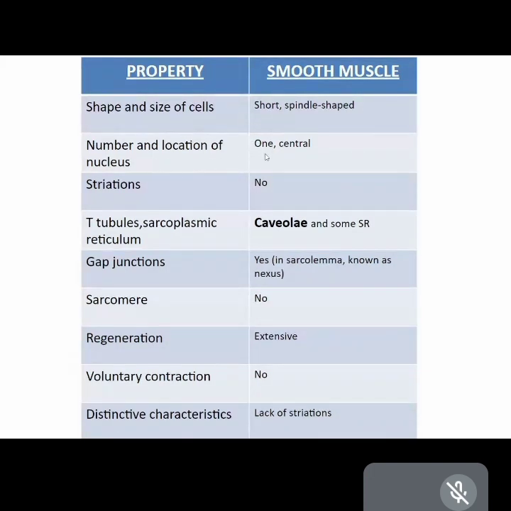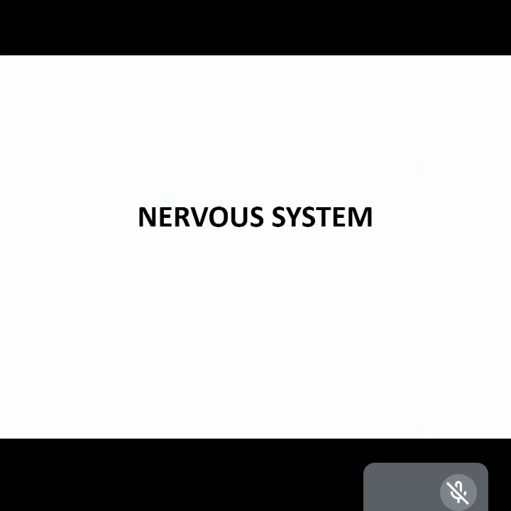They have a single nucleus centrally located. They have no striations. The T-tubules are in the form of the caveolae and some sarcoplasmic reticulum. The gap junction, called the nexus, is found in the sarcolemma. They don't have sarcomeres. They are capable of regeneration. They are not voluntary. The distinctive characteristic is the lack of striation.